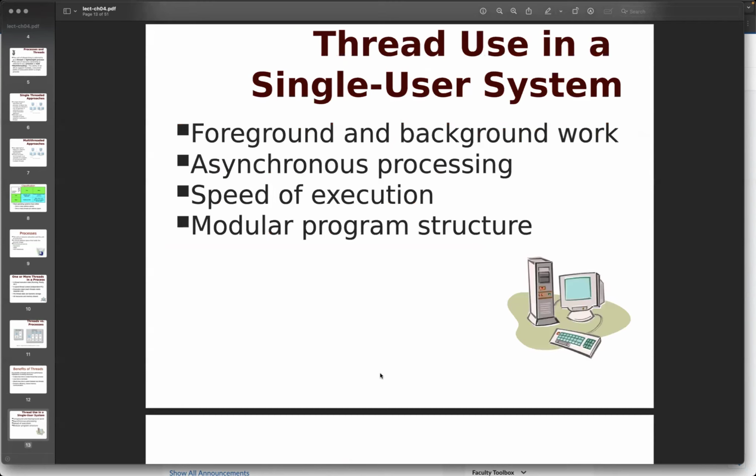And also threads are used in a single-user system, for foreground and background work, asynchronous processing, speed of execution, and modular program structure.